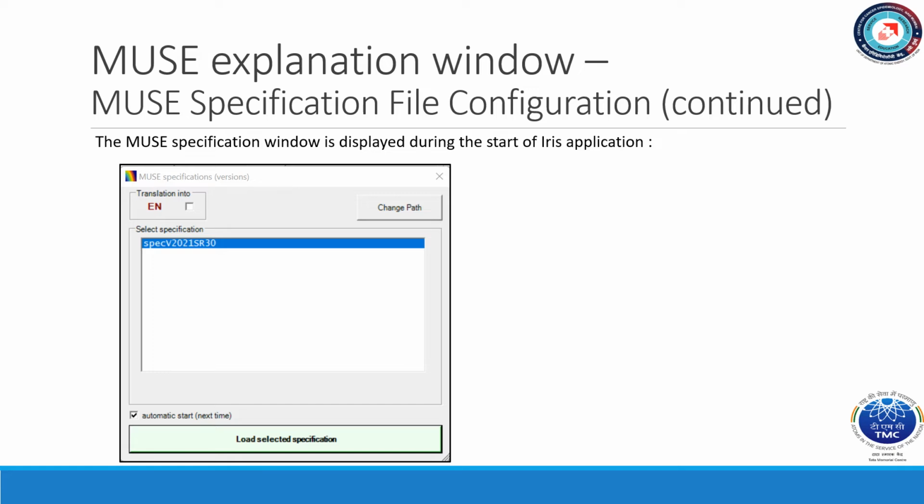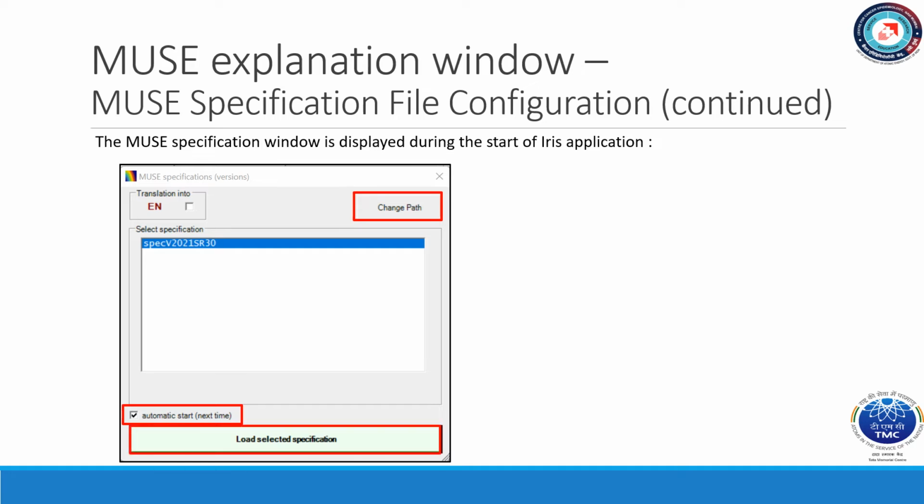The Muse specification window is usually displayed during the start of the Iris application. Here you can select or change the path of the specification file you want and optionally check the automatic start next time option to avoid making these choices at every restart of the application.